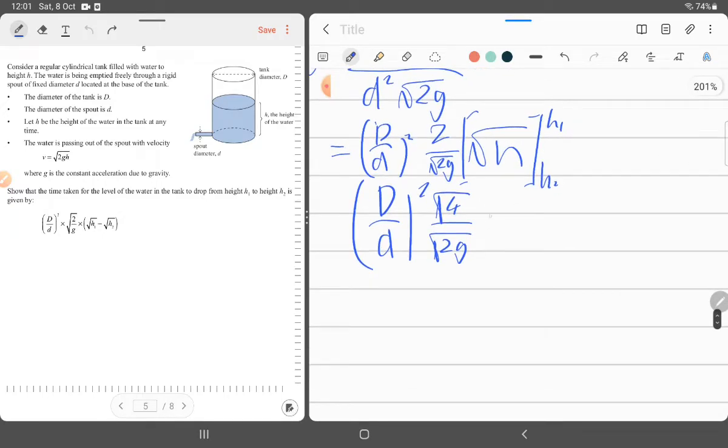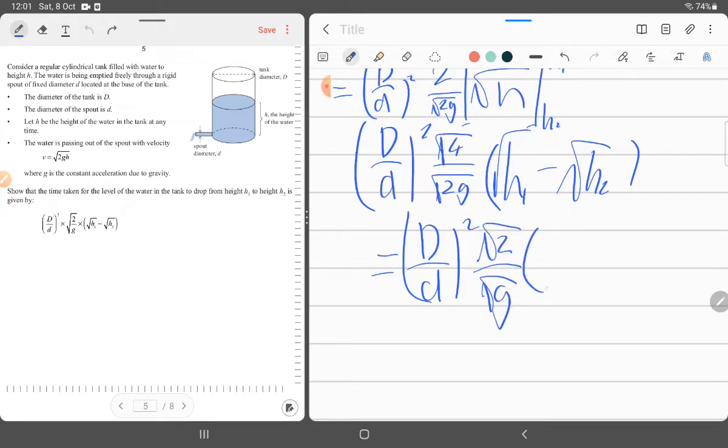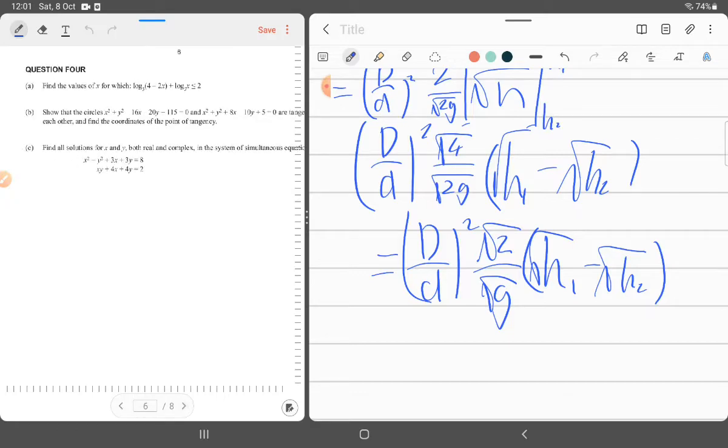And then there's just h, square root of h1 equals square root of h2, which is equal to d over d, or square root of 2 over root of g, square root of h1 equals square root of h2. That is what we got after. That question was just really bad, in my opinion.